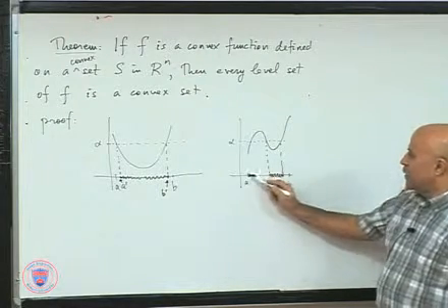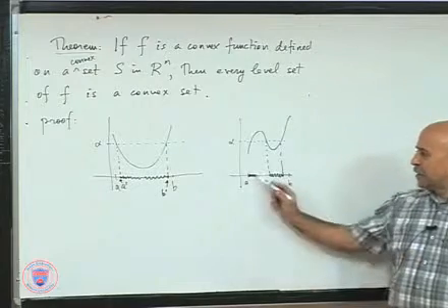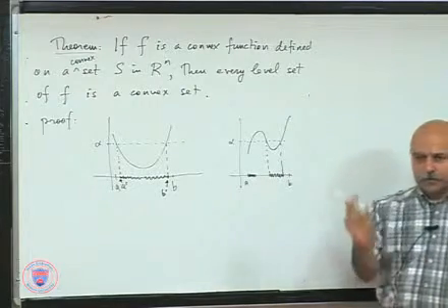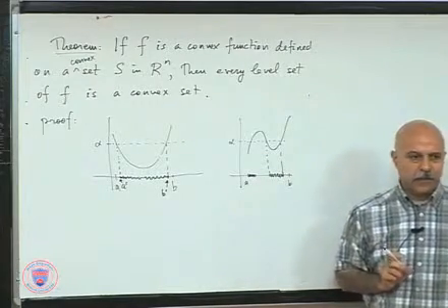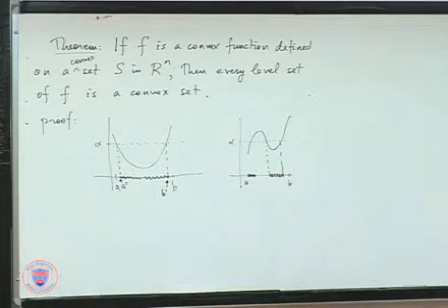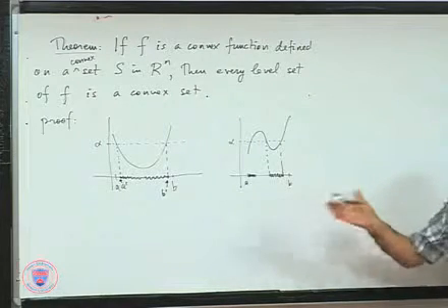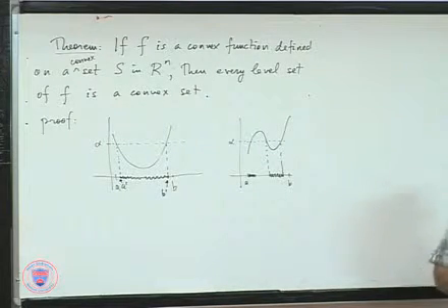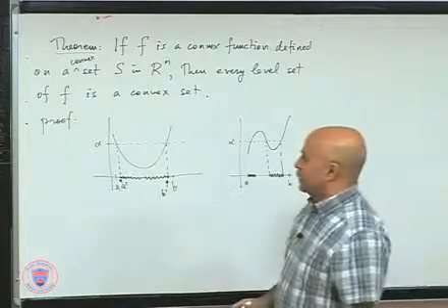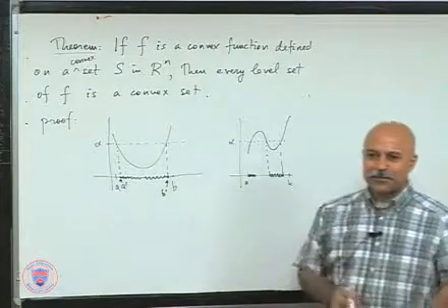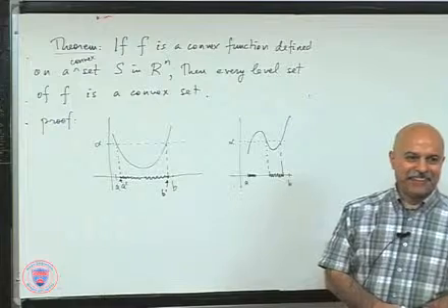So in this case, the level set consists of these two segments or intervals, closed intervals, and that's a disconnected set, so it's not convex. Okay? So it illustrates the basic idea here.